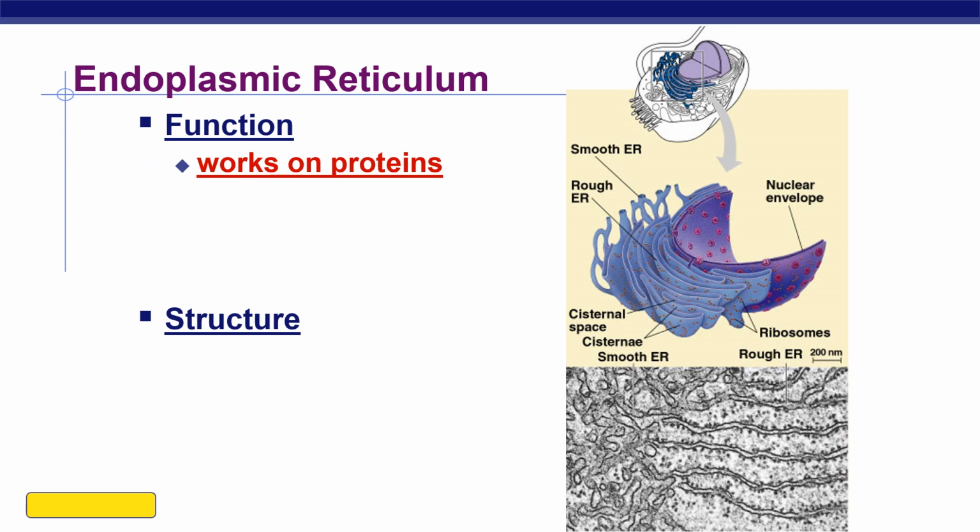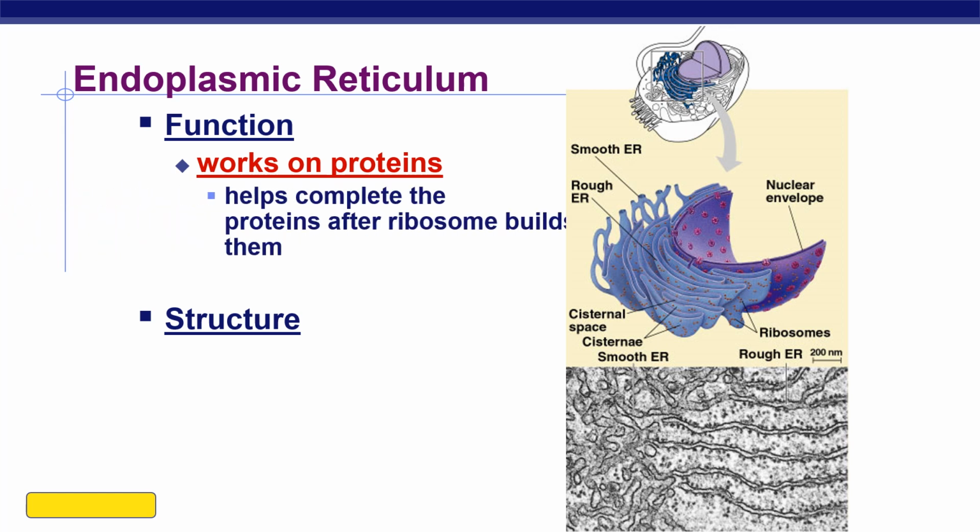The function of the endoplasmic reticulum is to work on proteins. Remember that the ribosomes are being built in the nucleolus of the cell. Now, it helps complete the protein after ribosomes build them, and it makes membranes.